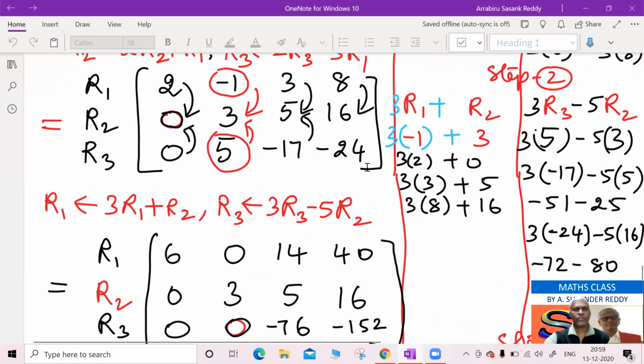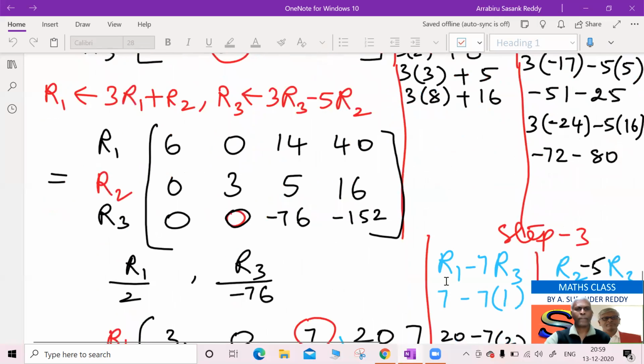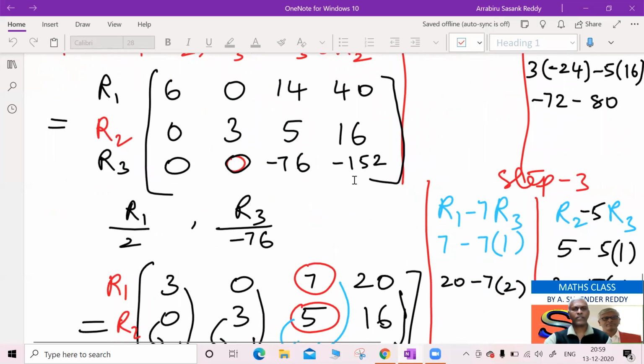Next, -24 and 16. So 3 into -24 minus 5 into 16. 3 into 24 is 72, 5 into 16 is 80. -72 minus 80, minus 152. Third row, 0, 0, -76, -152.